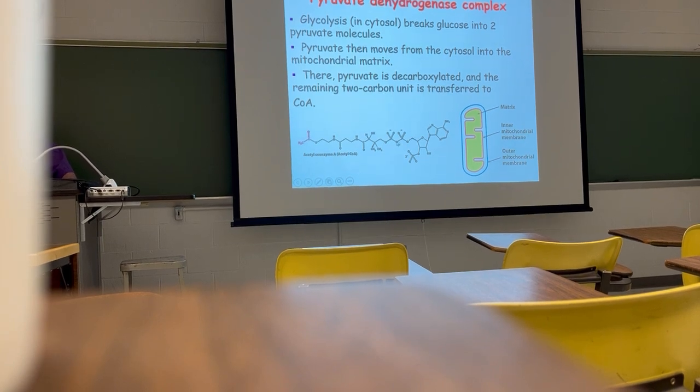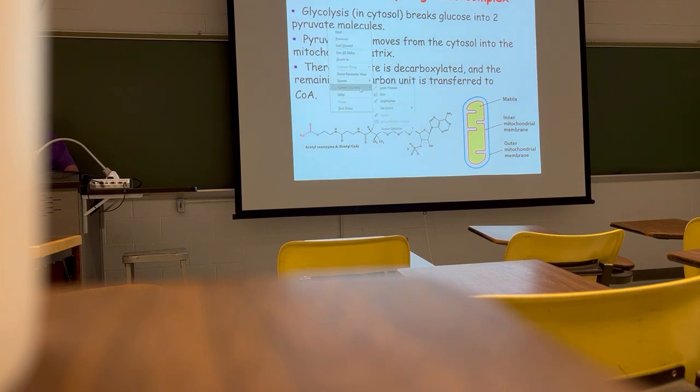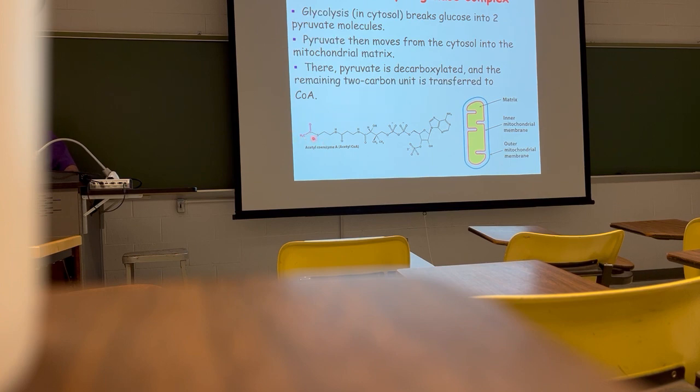Coenzyme A is a cofactor that's involved in moving acyl units around. In this case, it's a 2-carbon acyl unit. We'll see examples later on where we have longer carbon chains that are moved by coenzyme A. So these 2 carbons out at the end are the 2 carbons that came from pyruvate, and we'll see how they get there by the pyruvate dehydrogenase complex.